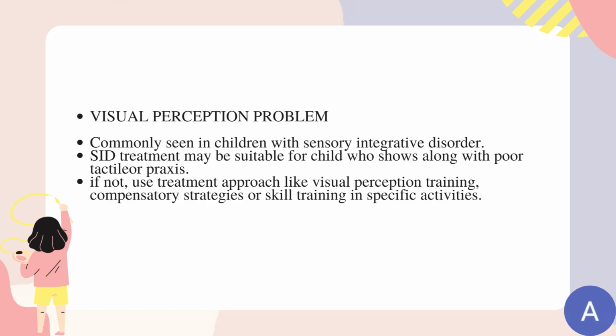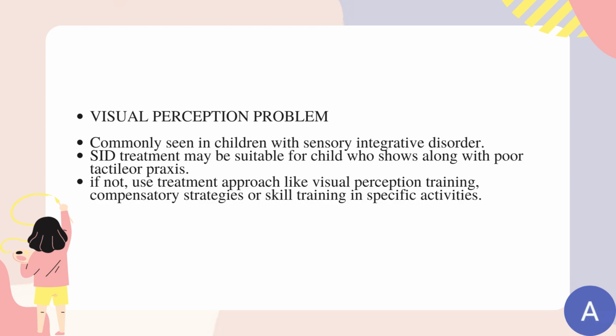The next problem is visual perception problem, commonly seen in children with sensory integrative disorder. This child shows signs like difficulty distinguishing between colors, difficulty distinguishing between shapes, difficulty identifying objects that are slightly hidden, poor depth perception, difficulty knowing left from right, difficulty distinguishing similar letters like PQ, GB, and D, and lining up numbers in a math problem.